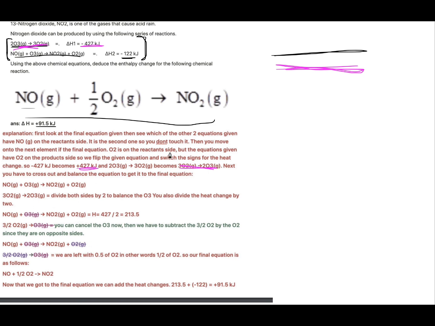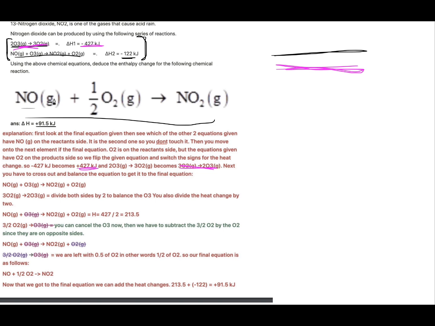After we do that, now we have to cancel to make this equation, right? Just like any normal canceling, we have to balance before we cancel. So we look at NO and we look at NO in the equation right here.